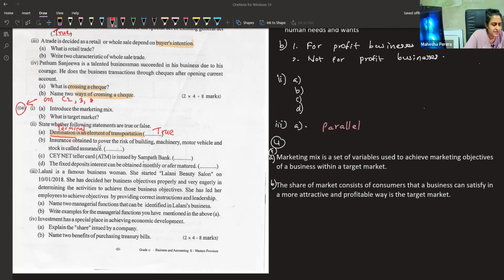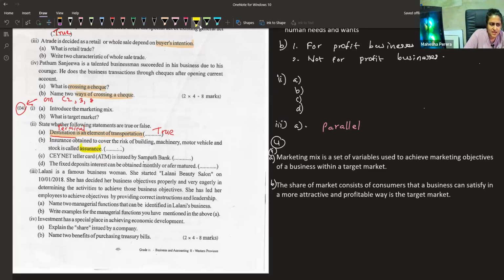Insurance obtained to cover risk of building, machinery, motor vehicles and stock is called assurance. Here you have something new to learn. This is not in our book, and I think these words were not in the syllabus. But when we do papers, we learn certain things, no?